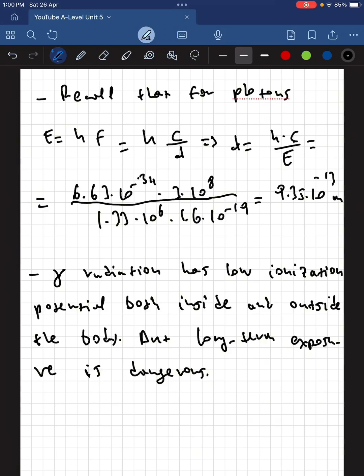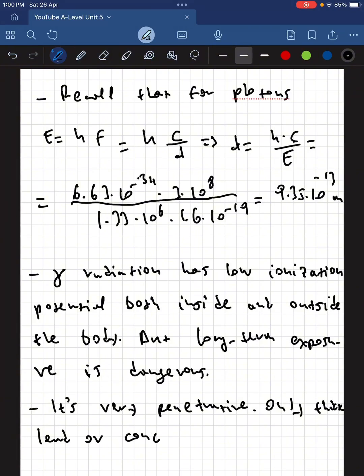Just because it's not highly ionizing, it doesn't mean that you have to sleep with a gamma radiation source under your pillow, okay? This is what I mean. It's very penetrative. Only thick lead or concrete can stop it.